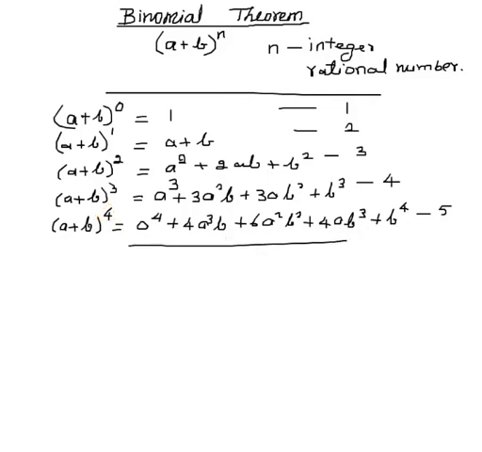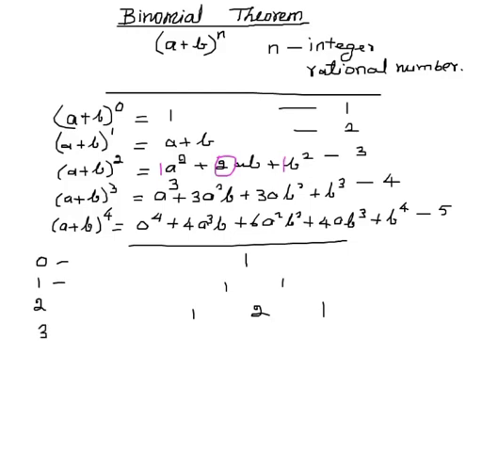Now see the coefficients of these terms. So initially for the index 0, it is 1. For the index 1, the coefficients are 1 and 1. And for the index 2, the coefficients are 1, 2, 1. See the coefficient of the first term 1. Here it is 2 and 1.